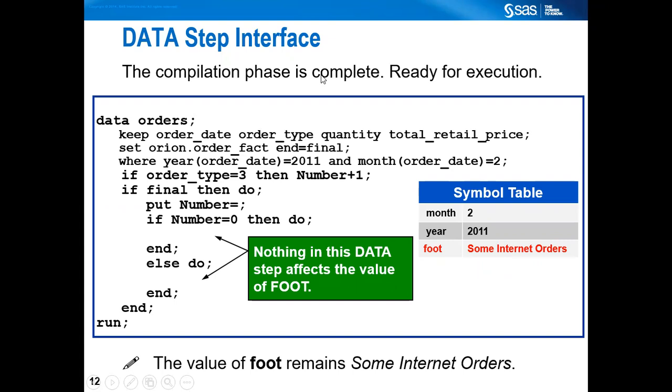When you submit your data step, at the time of compilation, the %let statement gets executed. So during execution, when the value for order type is not equal to 3, it's still going to have this fixed value, because the %let statement is executed at the time of the compilation phase.